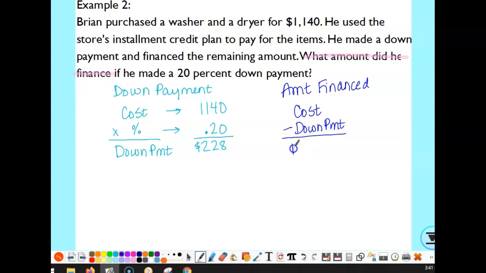The cost of the item was $1,140. The down payment is this $228. When we subtract those, the amount that we're going to finance, or have left to pay back, is $912.